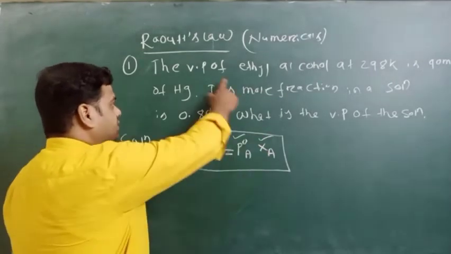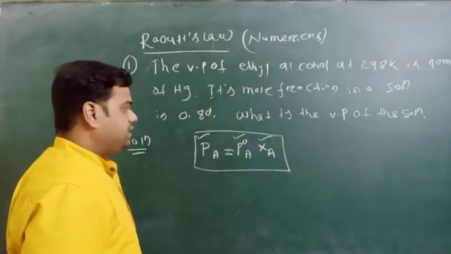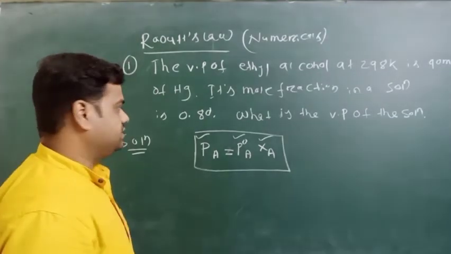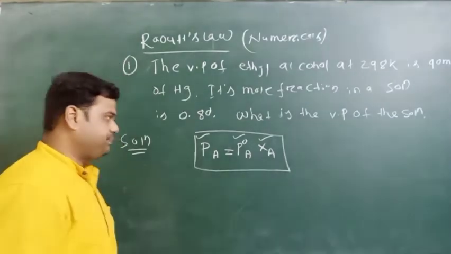Our component is ethyl alcohol, and the given data are: ethyl alcohol 40 mm of mercury and mole fraction 0.80.